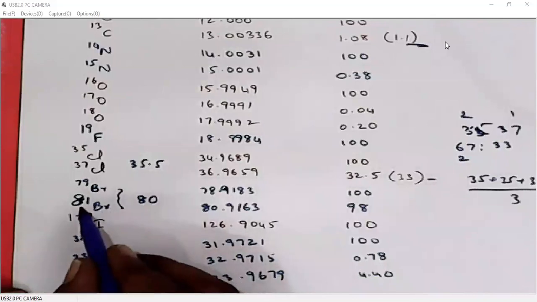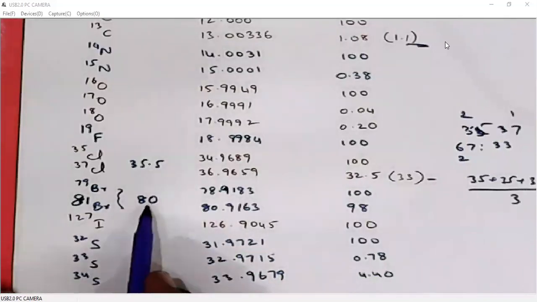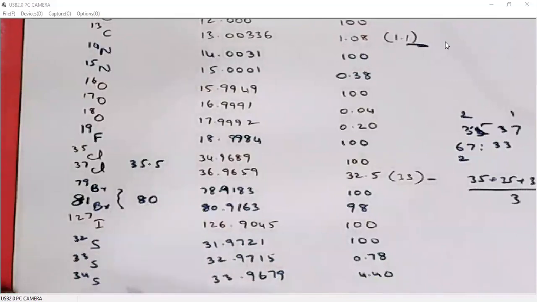So 79 plus 81 by 2, the average is 80. That is why we say the atomic mass of bromine is 80. Iodine has only one isotope. Sulfur has three isotopes: sulfur 32 at 100%, sulfur 33 at 0.78%, sulfur 34 at 4.4%. So this we can generalize as 0.8.